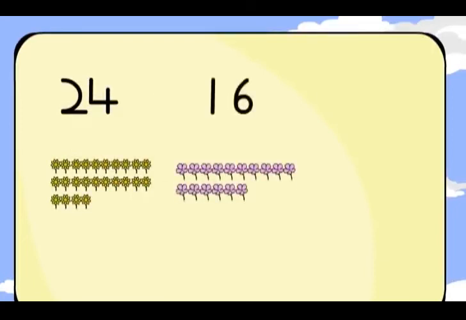There are 24 yellow flowers and 16 pink flowers.